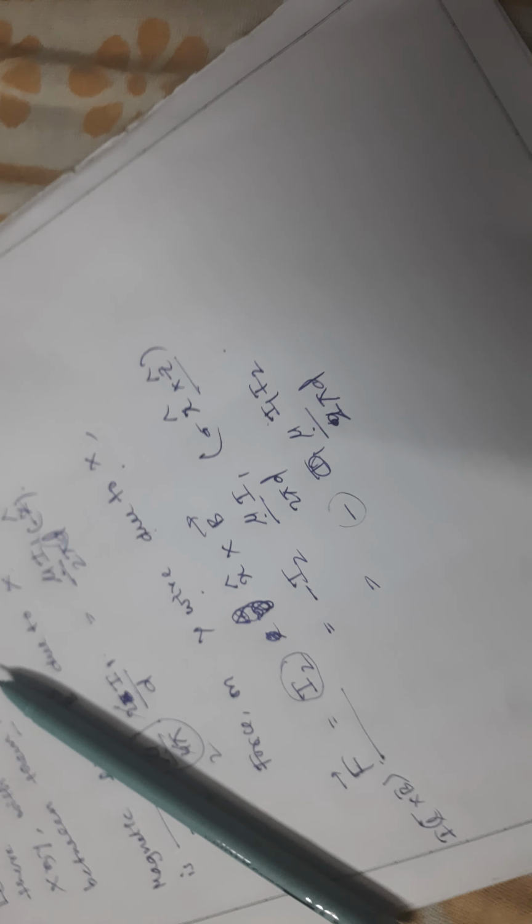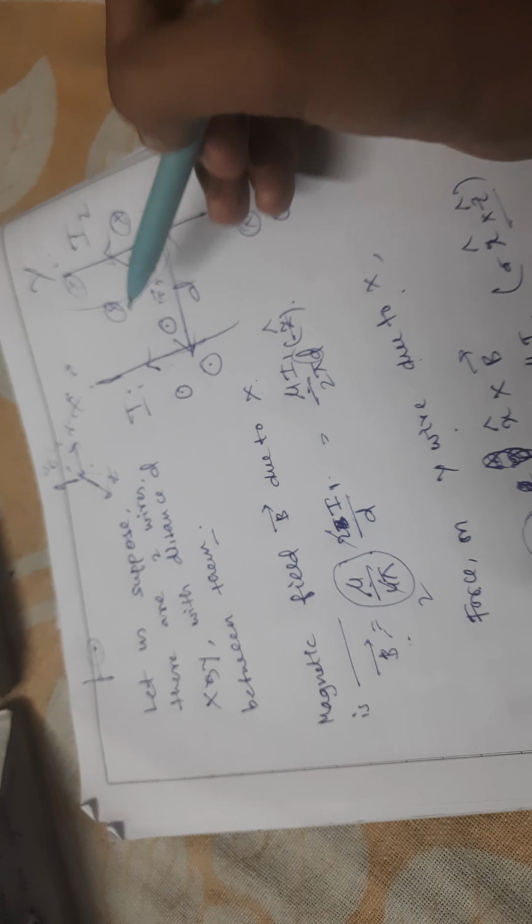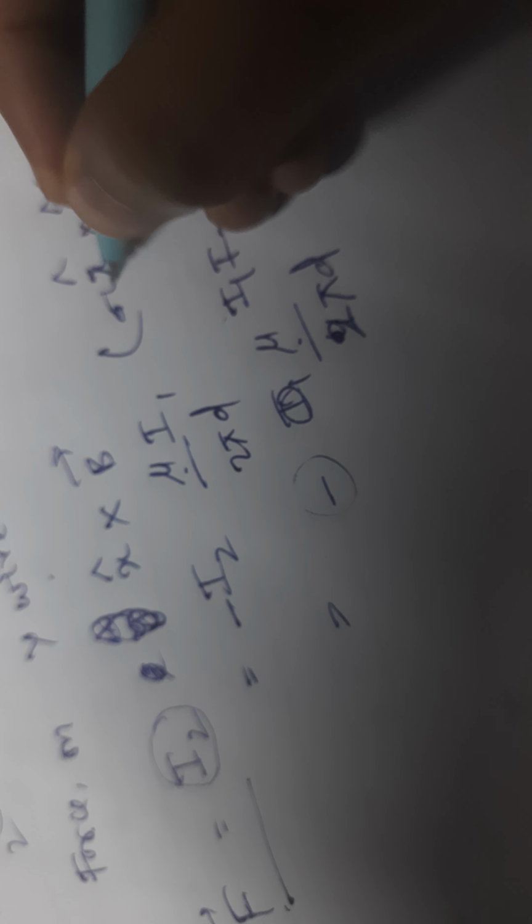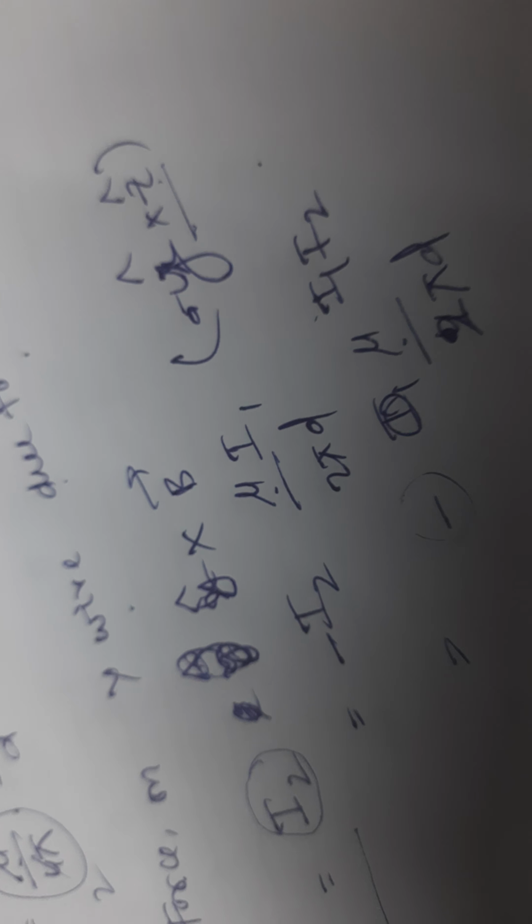And this is also not X cap, I'm really sorry, this is Y cap. So Y cap and Z cap are perpendicular, so sine 90 is 1, so it will cut out.